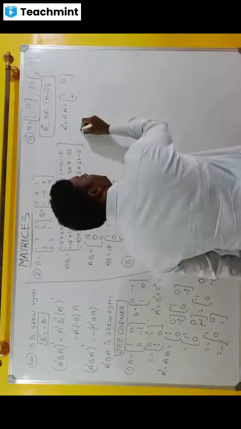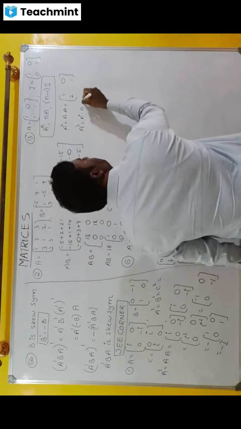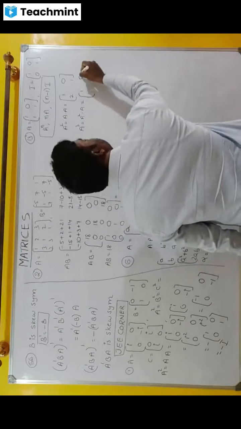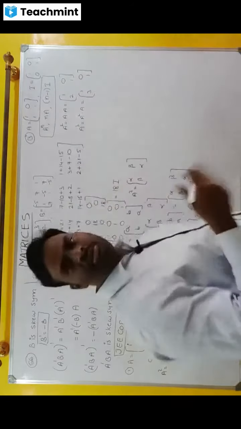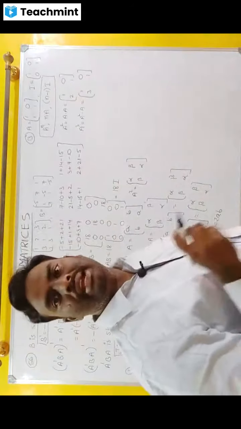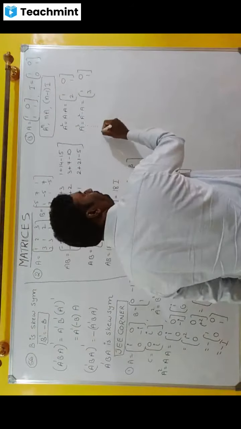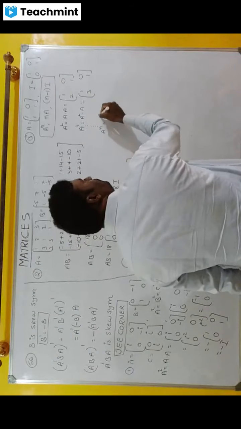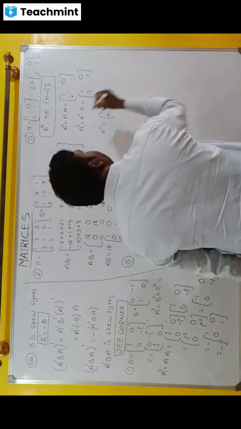Similarly, if you find A cube, it can be written as A square into A. We get the answer 1 0 3 1. Continue this process, then you will get A power n, and so on. Then A power n is equal to 1 0 n 1. We got the first value.